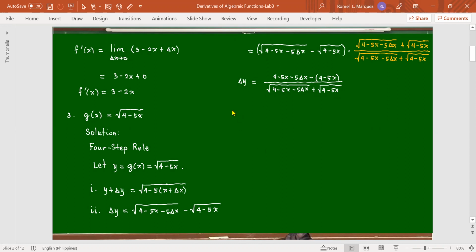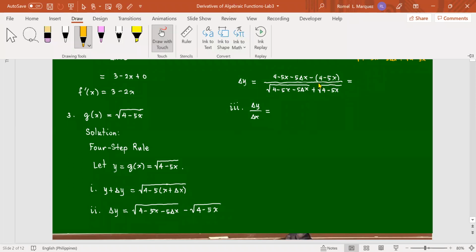Then the third step is to get the ratio of delta y and delta x, meaning we divide this delta y by delta x. So delta y over delta x is equal to, by the way, when we simplify this, we get what? 5x is eliminated, no?